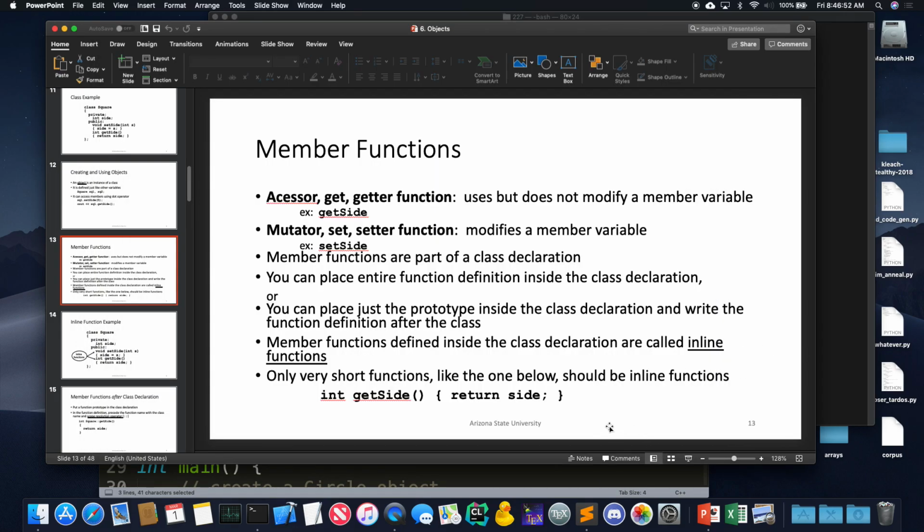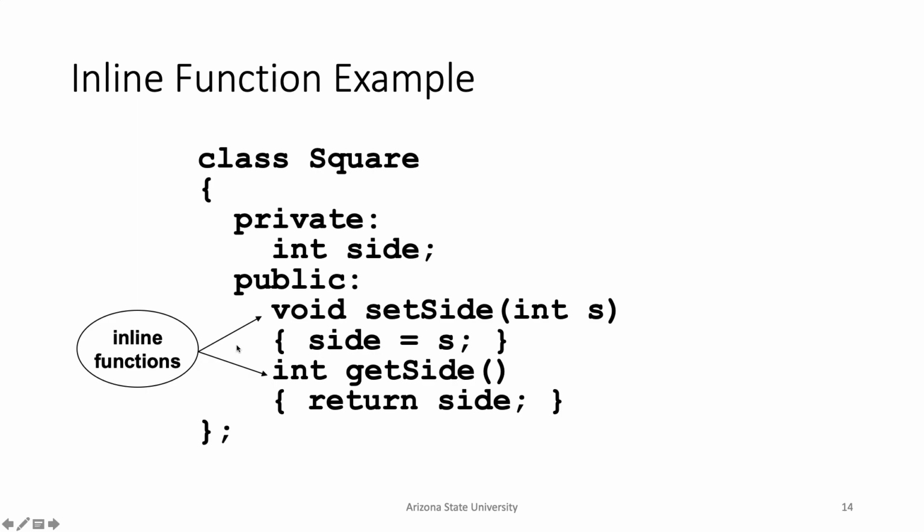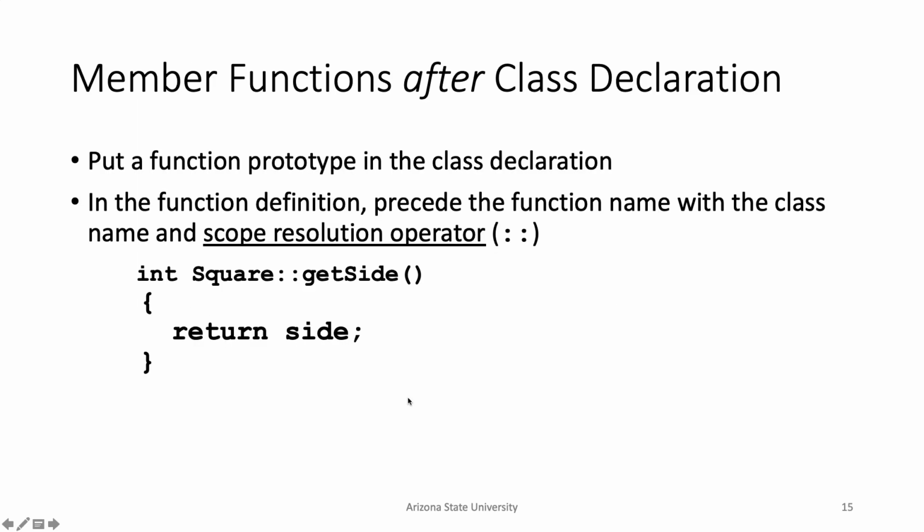There are different types of functions, which we're going to get to in a second. Usually you want to put small functions like this inside the class, because if you have a long function inside the class, it may be hard to read whatever else is in the class. But if you have a small function like getting a value, then that's usually a good idea to put inside the class.